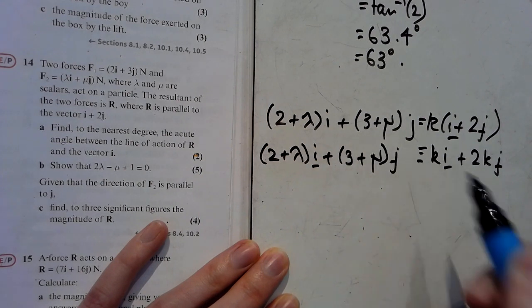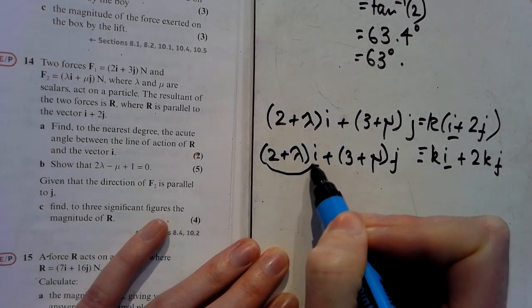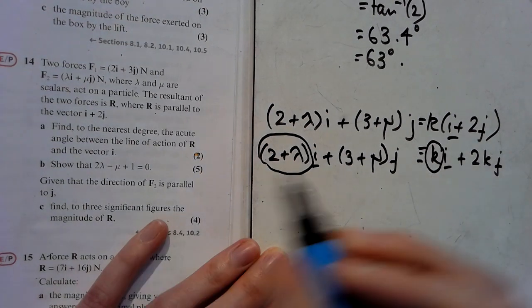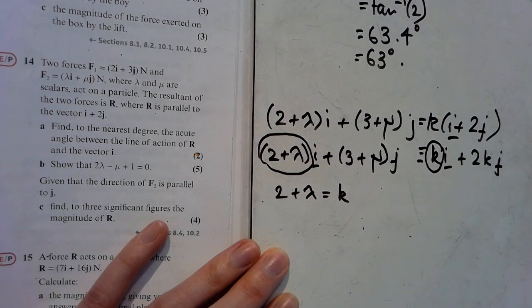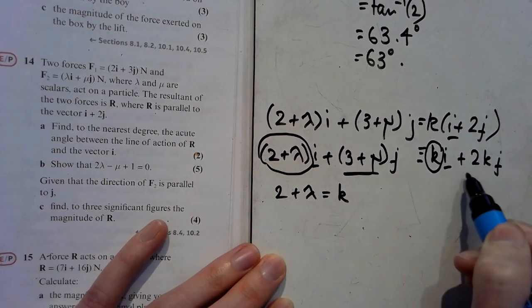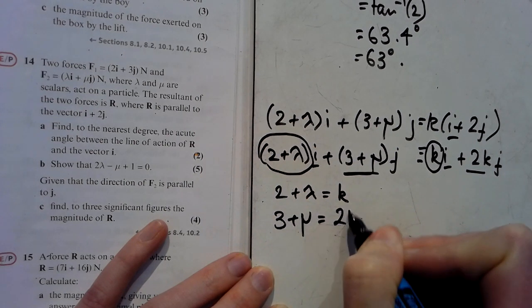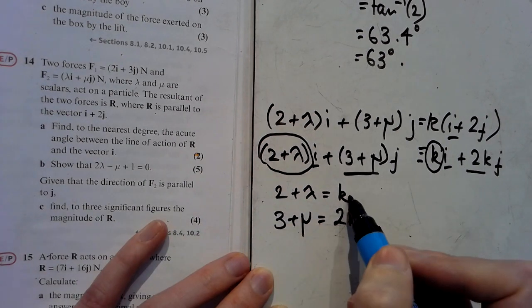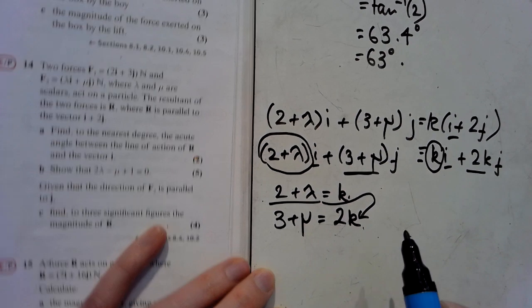okay, so if they're exactly the same, then the amount I'm going in the i direction must be the same. So I can make one equation there. And same in the j direction, that must be the same. And now I've got some simultaneous equations. So this is what k is worth, so I'm going to plonk that into k.